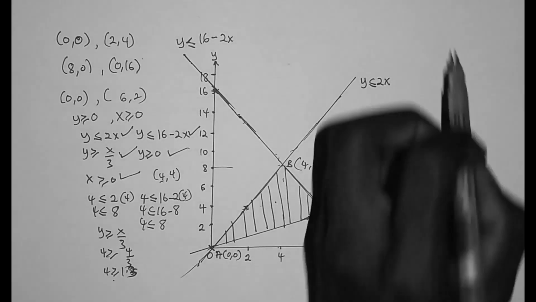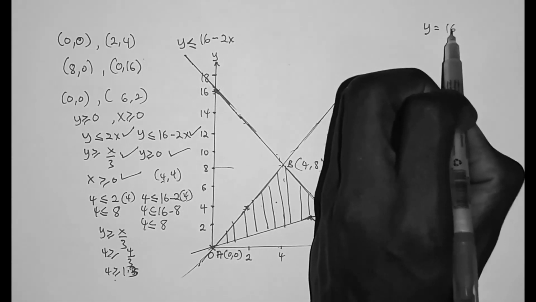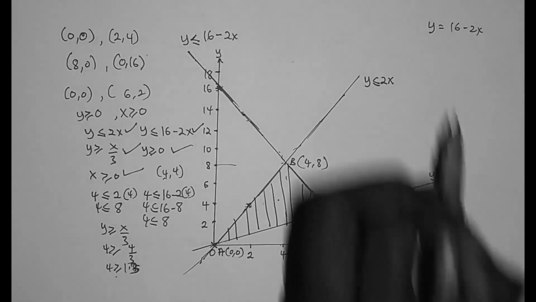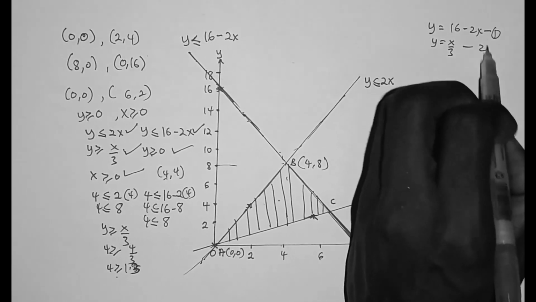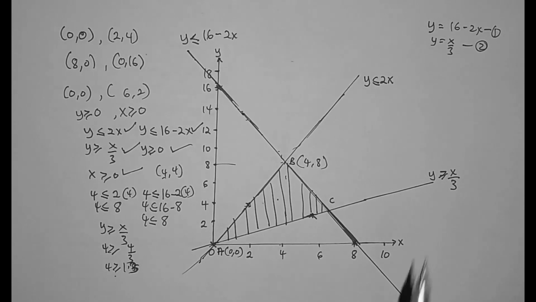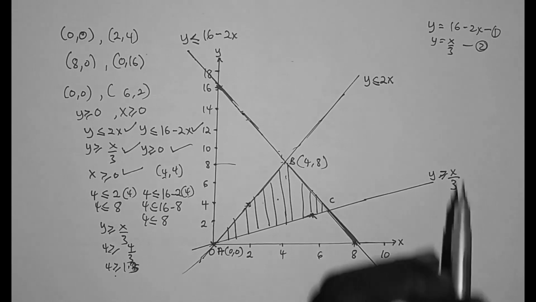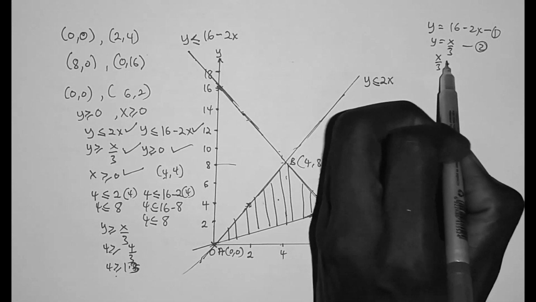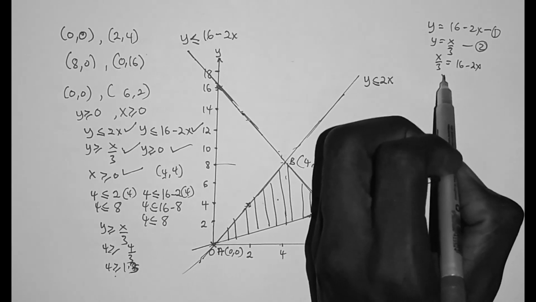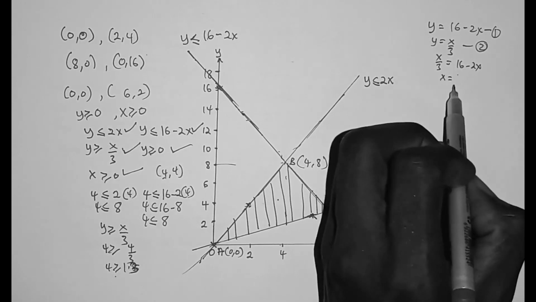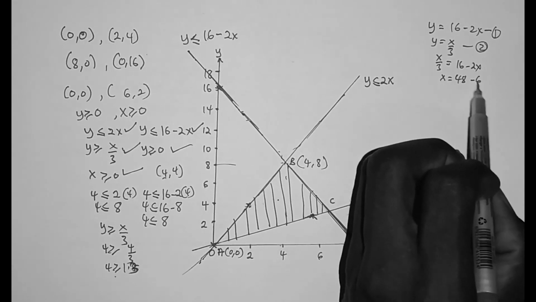So for example, let's just try it. Let me use y is equal to 16 minus 2x, and then y is equal to x over 3. So this is equation 1, and this is equation 2. So let's replace y with x over 3. So x over 3 is equal to 16 minus 2x. Let's multiply through by 3. So x is equal to 3 times 16, which is 48, minus 3 times 2x, which is 6x.